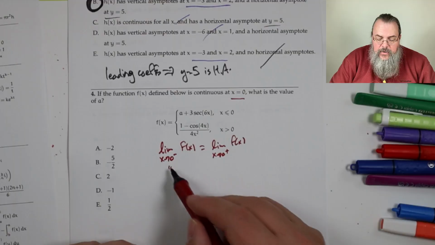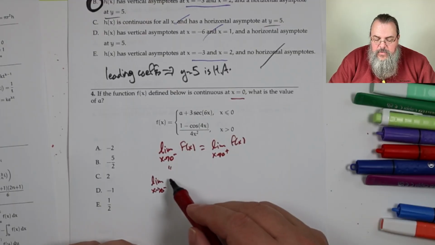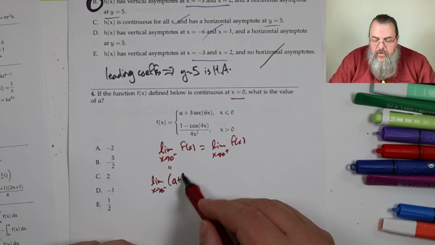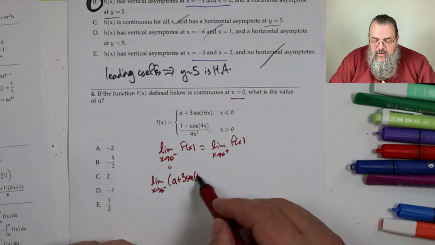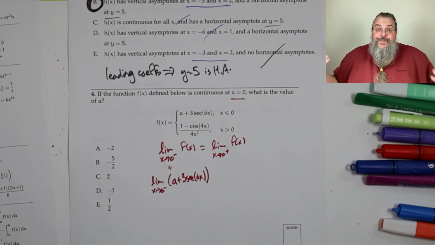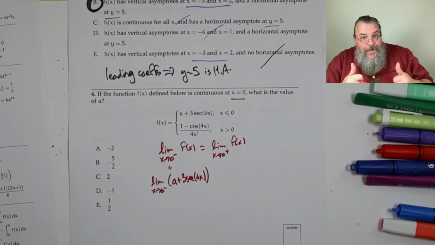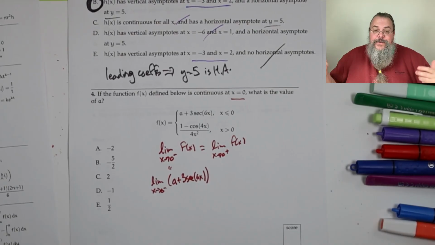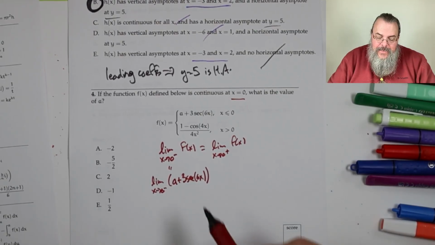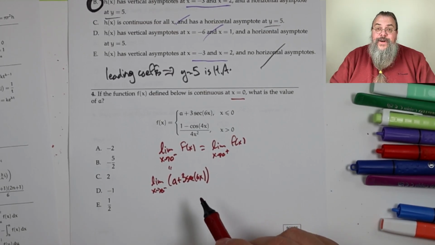Now, from below, this is the limit as x approaches 0 from below of a plus 3 secant 6x. The rule of thumb is, if you can plug in and there's no problems, life is good. Can you just plug in? Yeah, because you get secant of 0, which is fine.